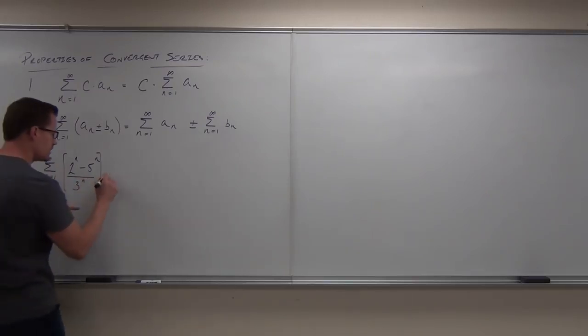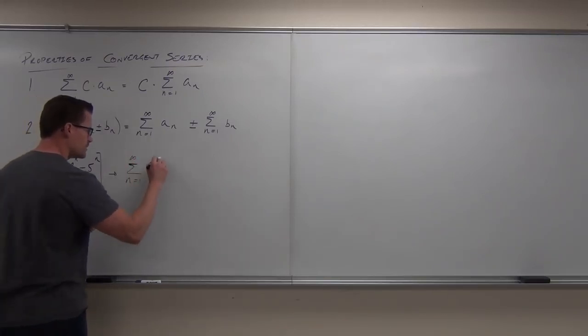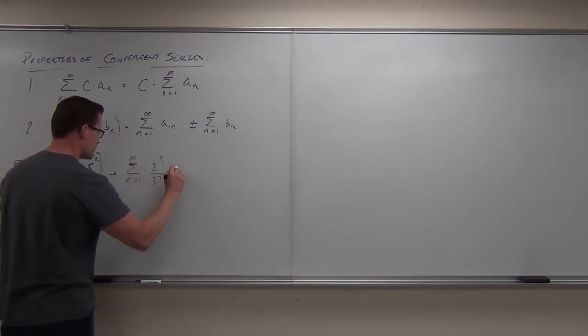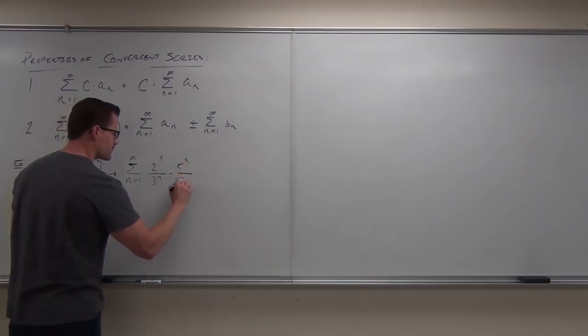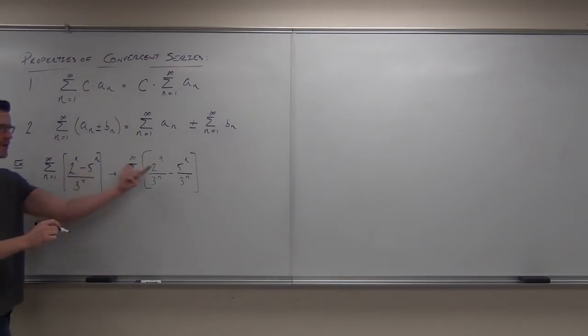Yeah. So we could do this and say, all right, well, cool. This is n equals 1 to infinity of 2 to the n over 3 to the n minus 5 to the n over 3 to the n. That works. We can always separate fractions like that.